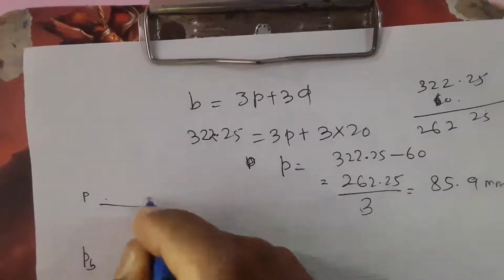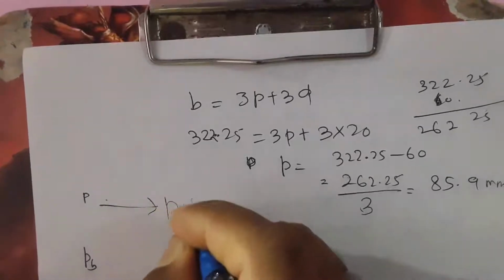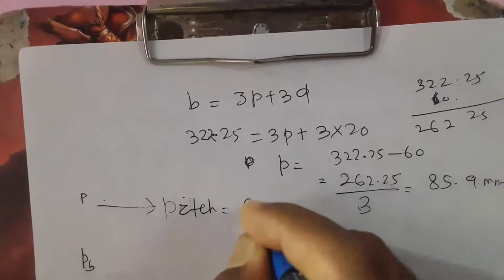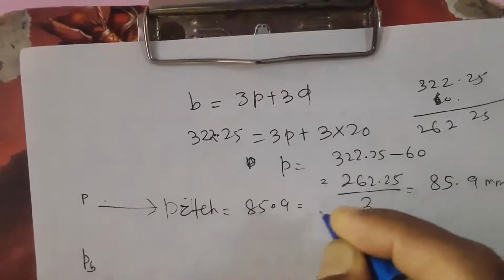So the pitch P is 85.9 or 86 millimeter.